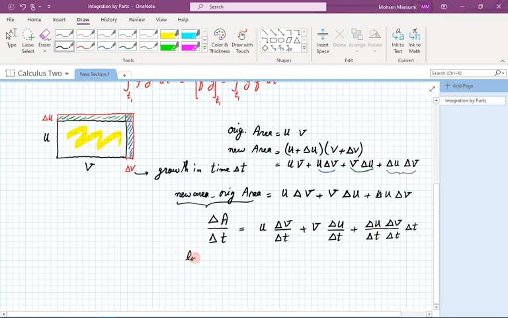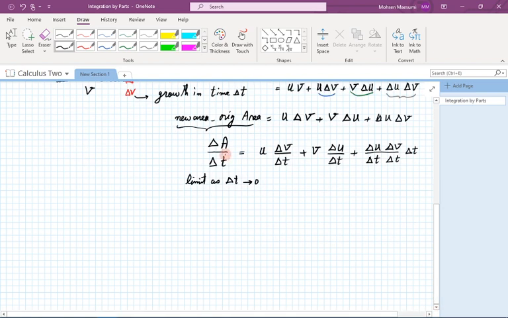Now we go ahead and take the limit as delta t approaches 0, or just becomes a small quantity. Of course, at the limit in calculus we call this thing dA dt, the rate of growth of area with respect to time. This is u dV dt. We called it the instantaneous rate. This was the average rate of change.